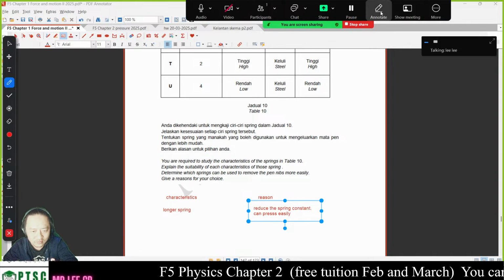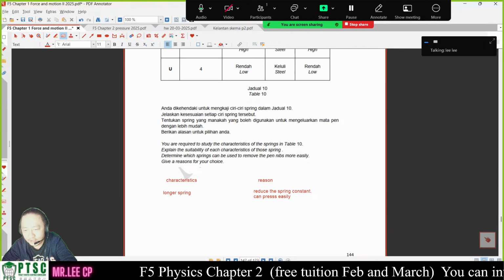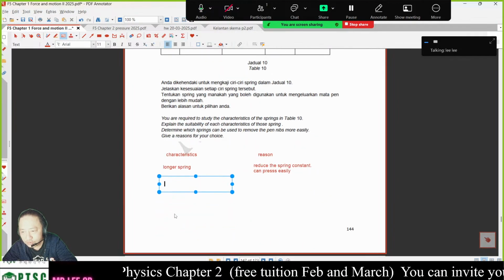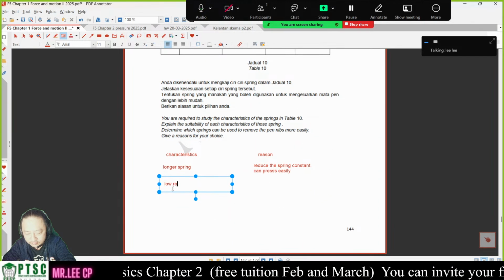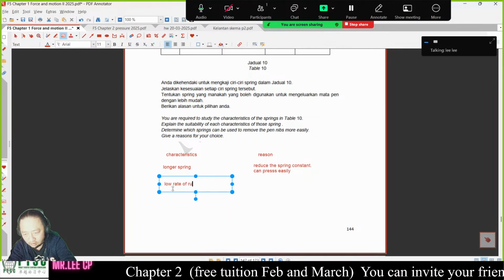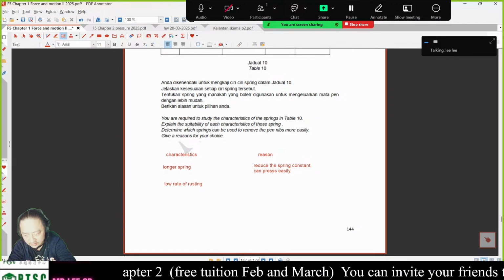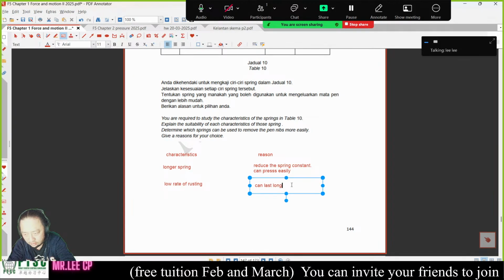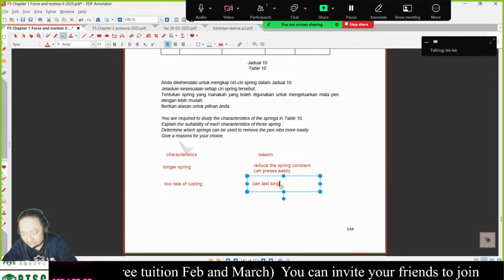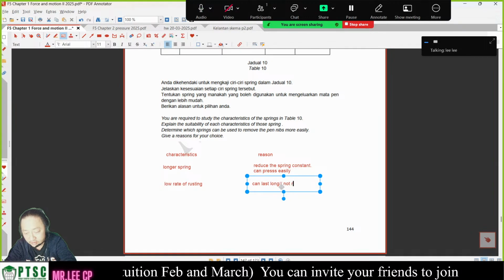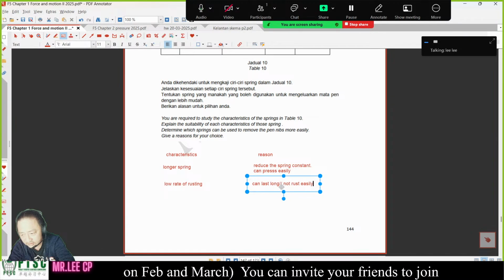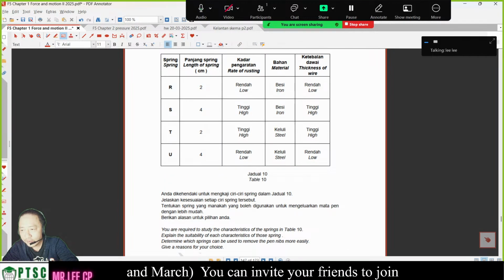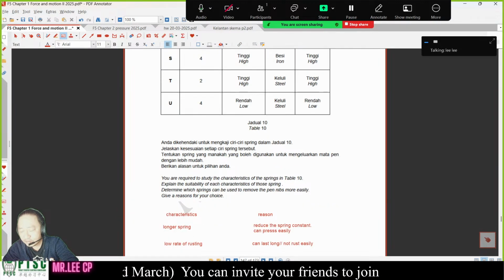Now the second one, I want to use a low rate of rusting, so it can last long. It will not rust easily. Now the material is steel.